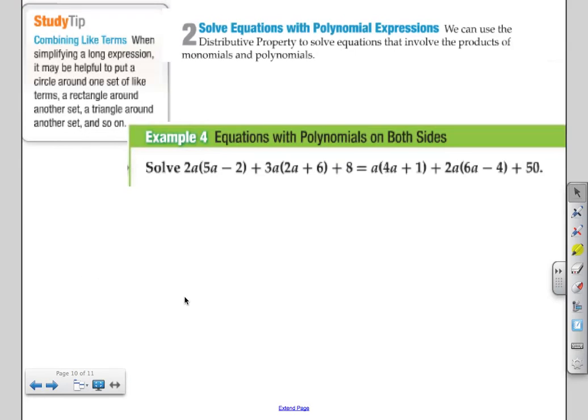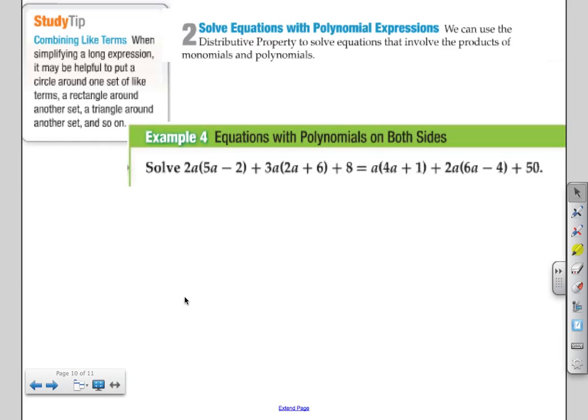Now we're going to solve a little bit more complex polynomial expressions. This time we're going to have expressions on both sides of an equal sign. Okay, so there's a study tip up in the corner that says that sometimes it's helpful to draw a circle around your like terms so that you find them all, and maybe to draw a square around all your other like terms or something like that.